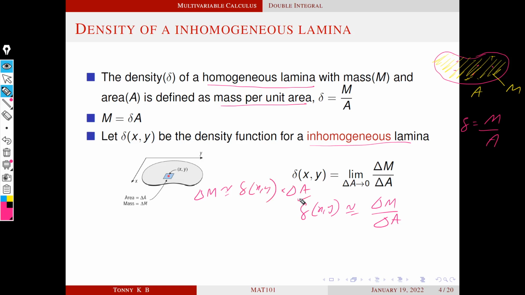Delta a is known, and here we assume that the density function is also known. By taking the product, that gives approximately the mass of this small piece. We will use this technique. So if the density function is known, we can approximate the mass of a small element using this formula, where (x,y) is an arbitrary point from that rectangular piece.